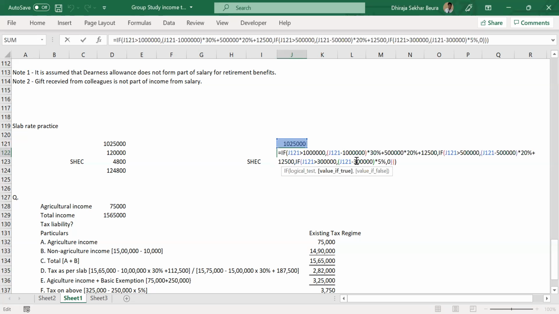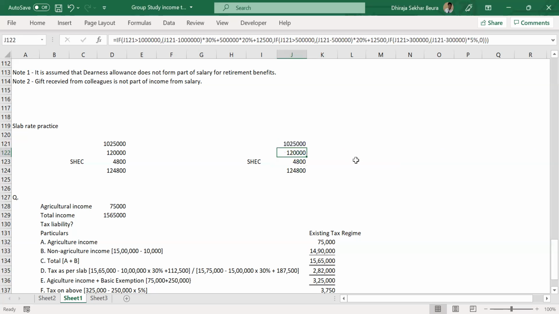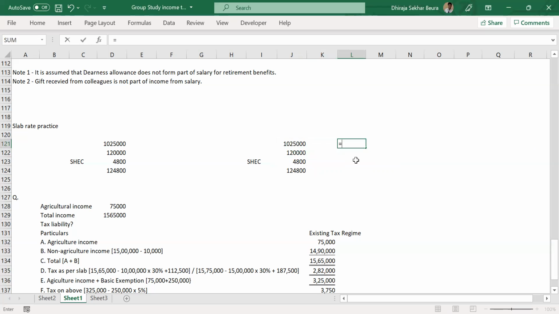Oh yes, you're right. That must be it. So to calculate, basically, we take this minus 10 lakhs, and 30% on that.